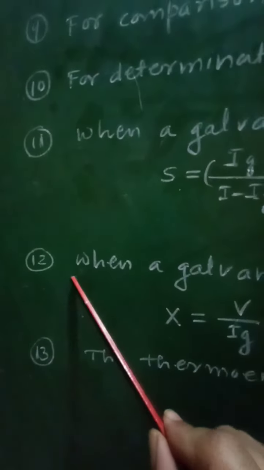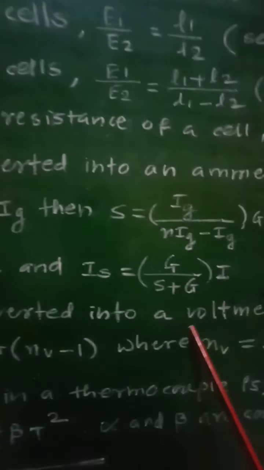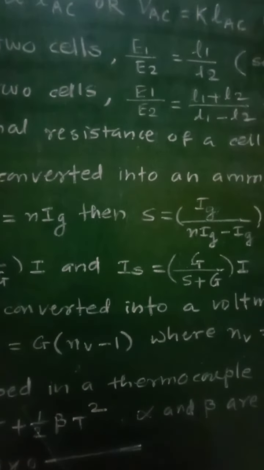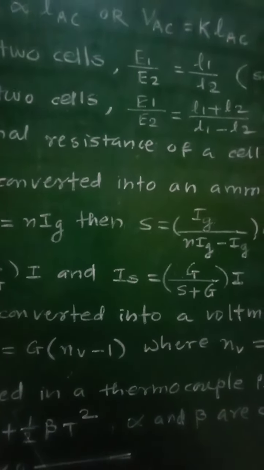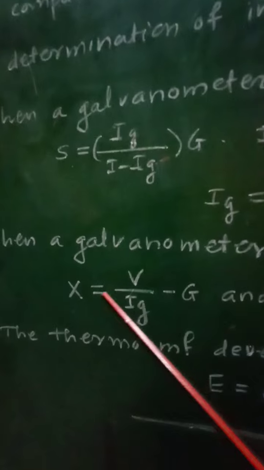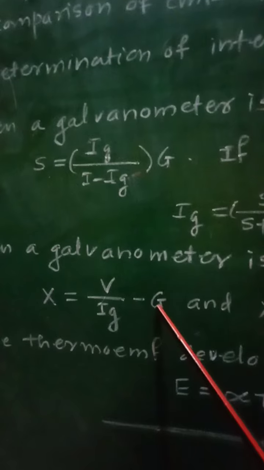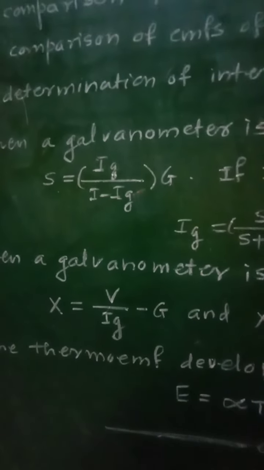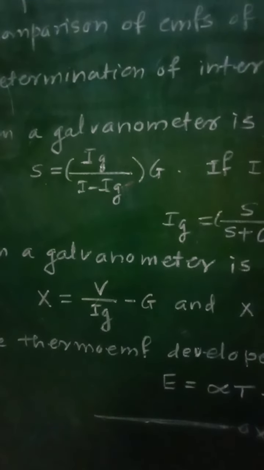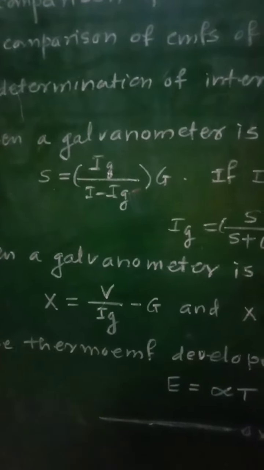Next formula is 12th, that is when a galvanometer is converted into a voltmeter. So when a galvanometer is converted into a voltmeter, at that time a large value resistance X will be connected in series with the coil of the galvanometer, and its value X will be equal to phi upon Ig minus G. So by using this formula we can find out the proper value of that resistance which must be connected in series with the coil of the galvanometer so as to convert it into a voltmeter.